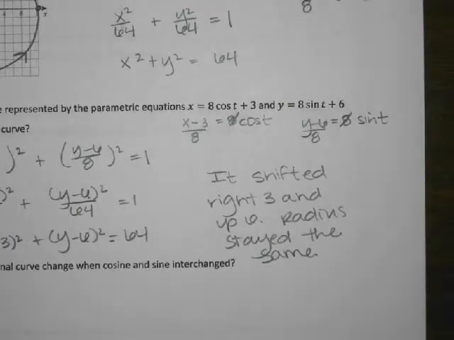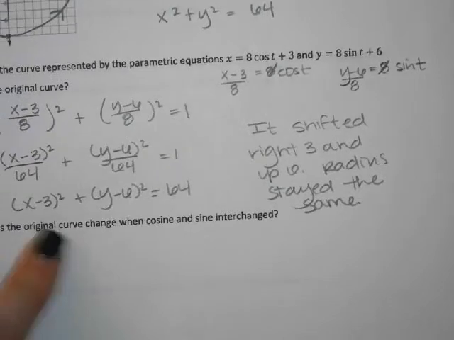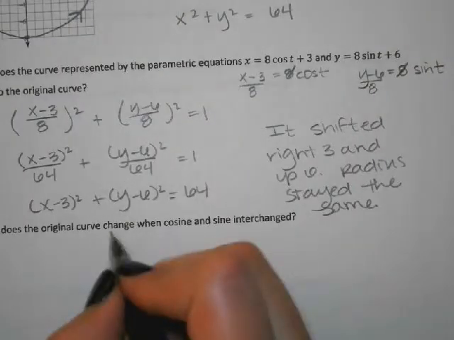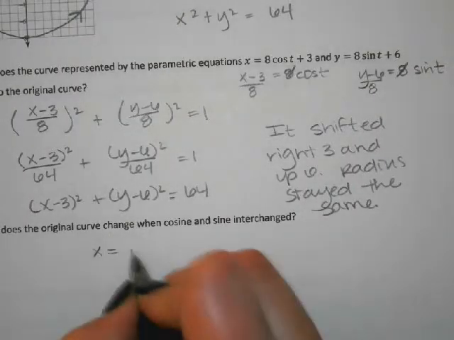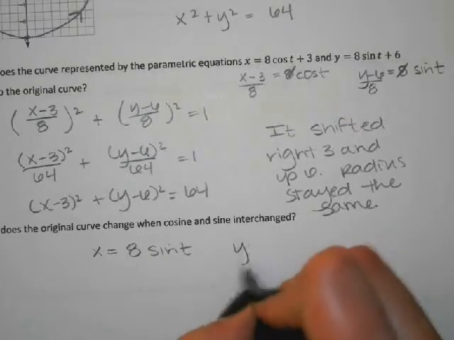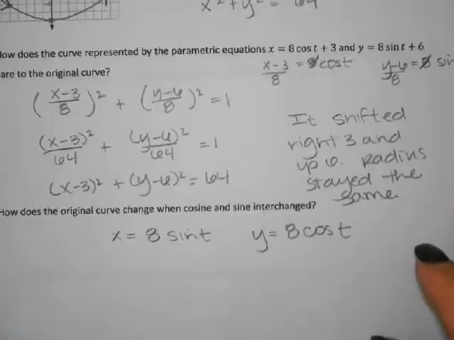Okay, so the next question says, how would the original curve change if the cosine and the sine were switched? So instead of having x equals 8 cos t, if we had x equals 8 sine t, and y equals 8 cos t, if we did it that way.